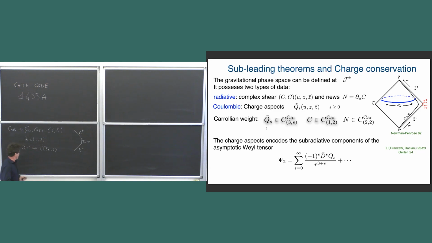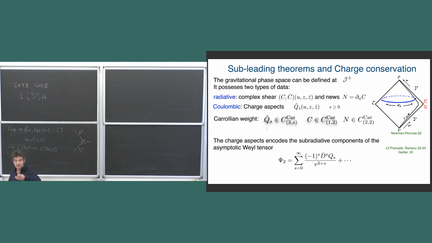So for people familiar with the Newman-Penrose notation, one of the important things is to look at the Weyl tensor and its components. The one which is psi2 really contains the Coulombic field. The first term, Q0, will be the mass aspect.